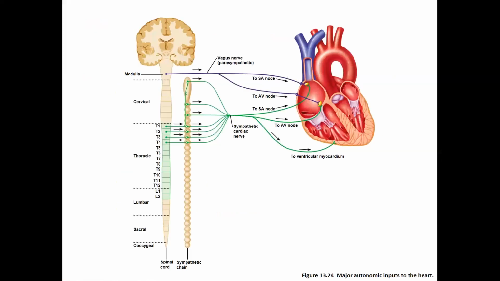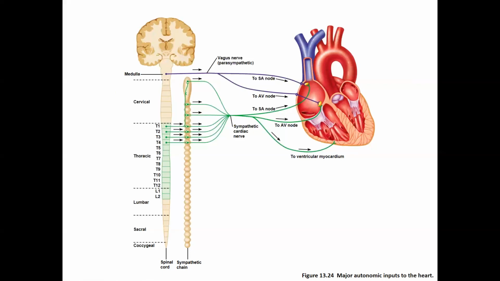All right, now when we look at the autonomic influence on the heart, we already talked about this. There's the parasympathetic influence and the sympathetic influence. The parasympathetic influence is going to be coming specifically from the vagus nerve. All right, so the influence of the parasympathetic system on the heart is specifically from one of those 4 nerves we talked about, right? That cranial nerve 10, which is the vagus nerve.